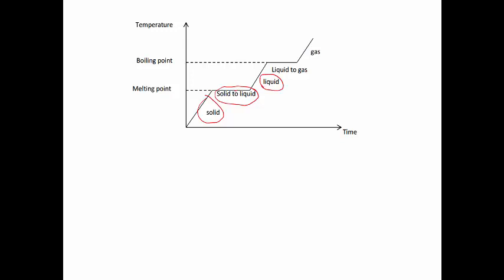If the temperature rises again, when it reaches the boiling point, some of the liquid becomes gaseous and some remains liquid. After the temperature rises further from the boiling point, the whole liquid changes to what? Gaseous state. And this one is called the heating curve.